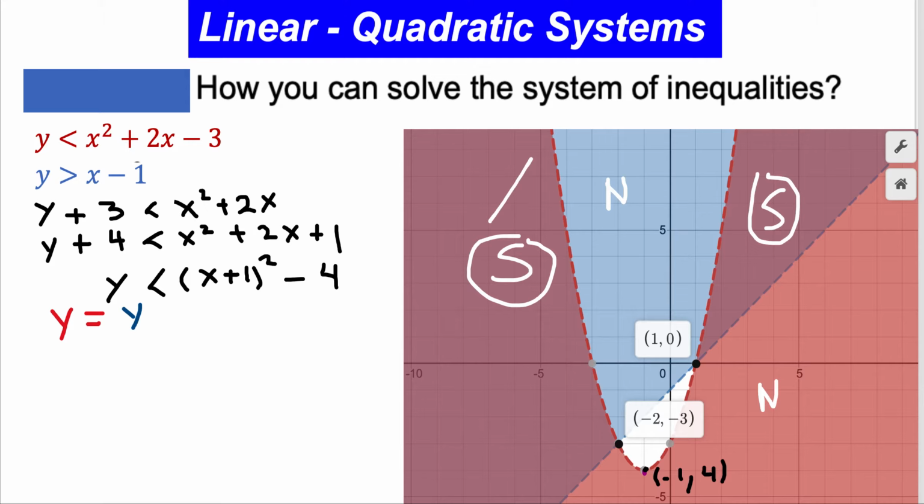In the same way we can find the solution in linear quadratic systems. And here, what do we have? x squared plus 2x minus 3 is equal to x minus 1.